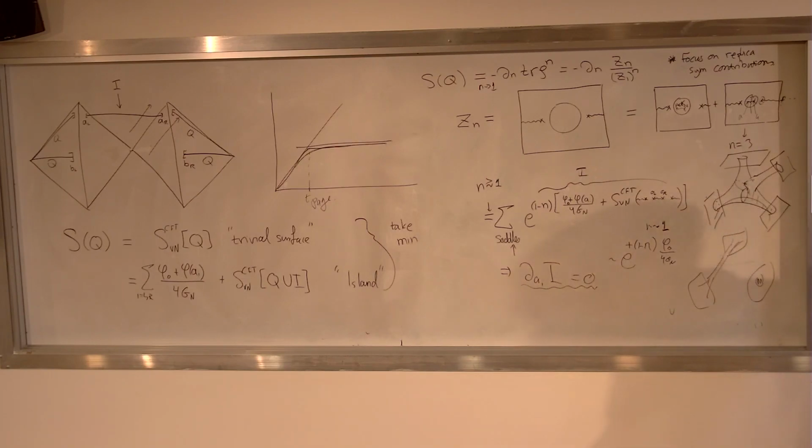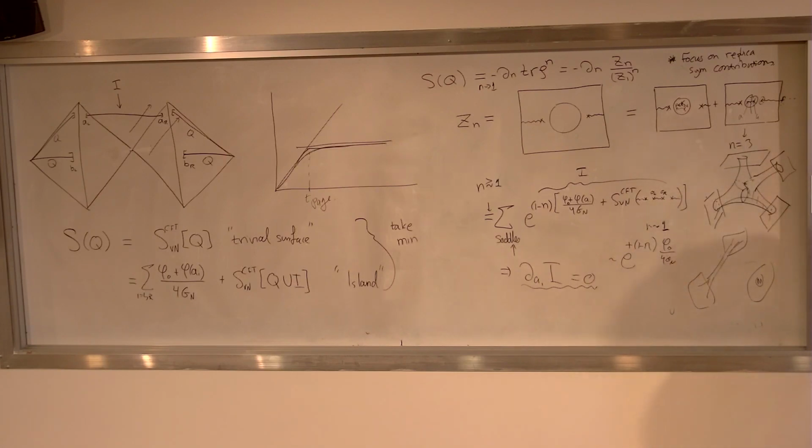Well, we care about n near 1, but in order to extract the n near 1 behavior, in principle you need to evaluate it for all n, and then find the right analytic continuation that you can take down to n near 1. But by assuming replica symmetry and so on, it actually simplifies, and you don't actually have to do that.